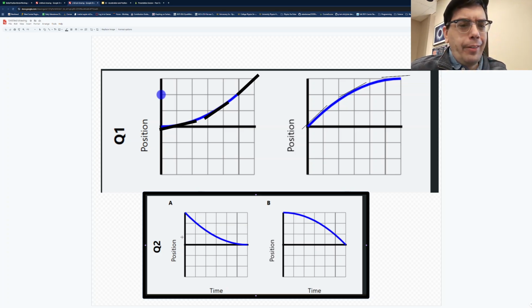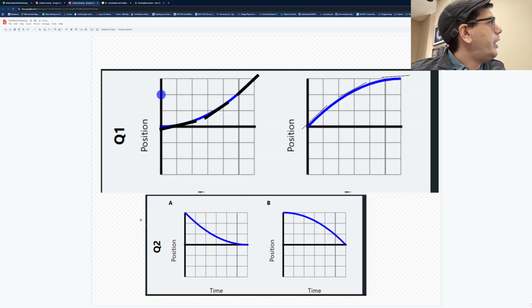Oh, it's just doing the border. Okay, never mind, not interesting. So this one has a tangent line that looks kind of like that there, and something like that. So these tangent lines are getting closer to horizontal, closer to flat. And so that one would be slowing down.